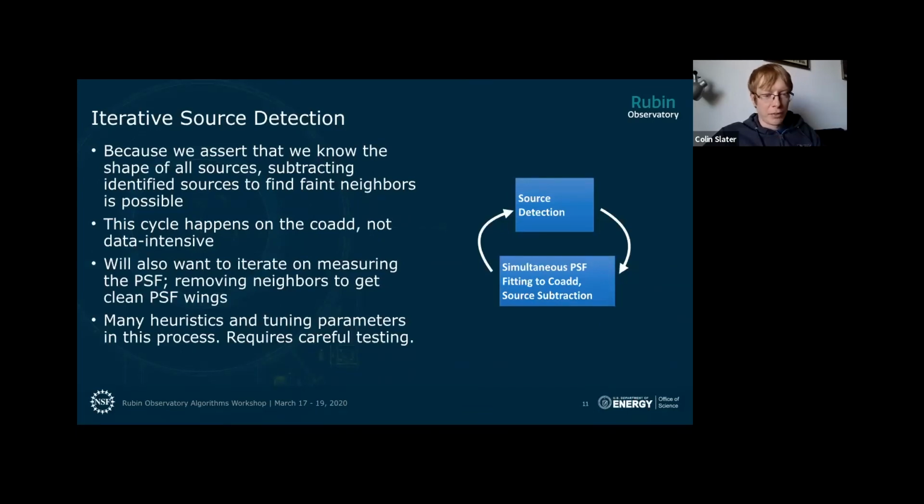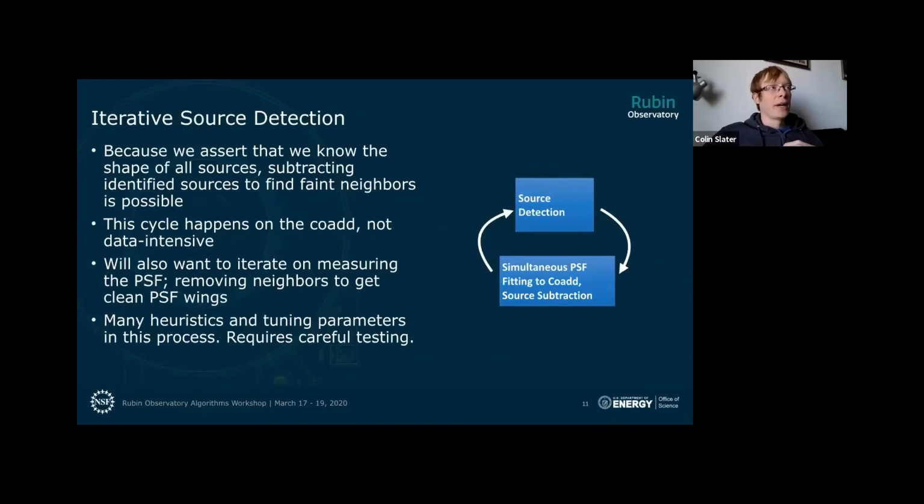We've heard some about this in the deblending talks about ways to also do this there. Again, I think this is complementary. It's sort of the same idea, and this is just a restricted version of the same type of problem. Because this all just happens on the coadd, it's not particularly data intensive, so we don't need to have a tremendous volume of data to make this happen.